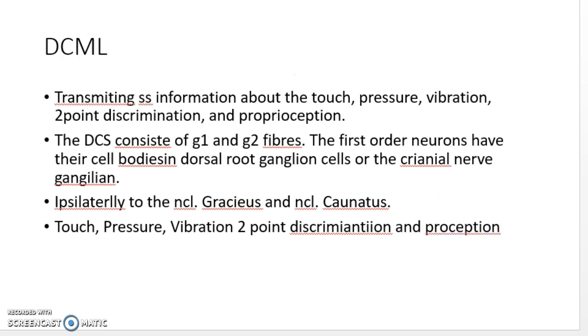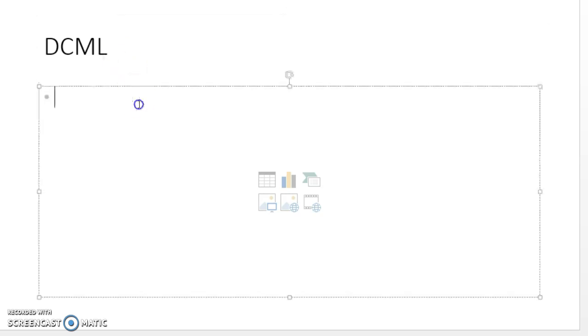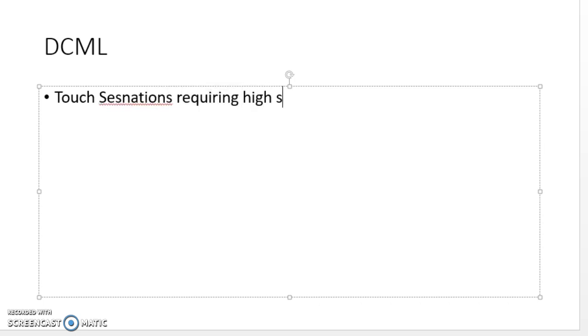Now let me tell you a bit more detail about examples of the dorsal column medial lemniscus. Touch sensations, the phasic sensations, the sensations that signal movement against the skin, the position sensation of the joints, and pressure sensation having to do with fine degree of judgment of pressure and intensity. Touch sensations requiring a high degree of localization of stimulus.